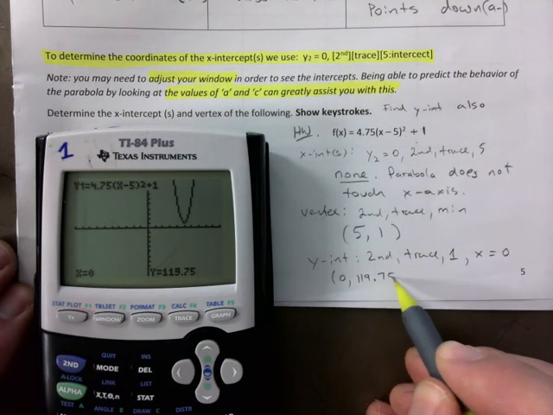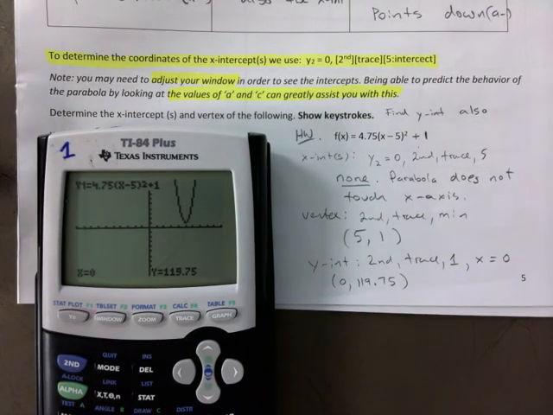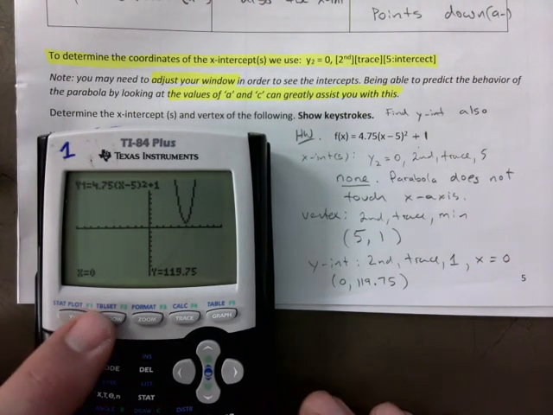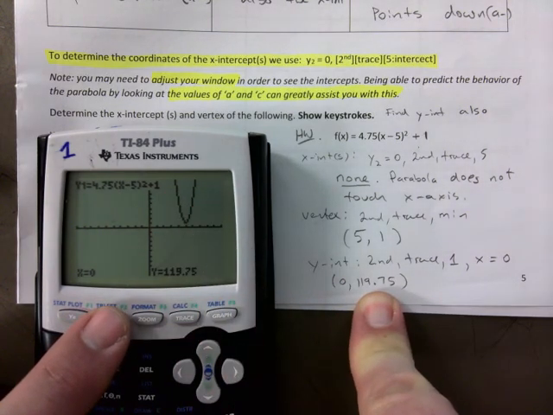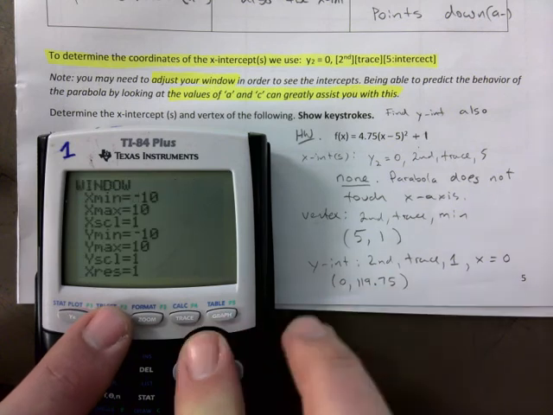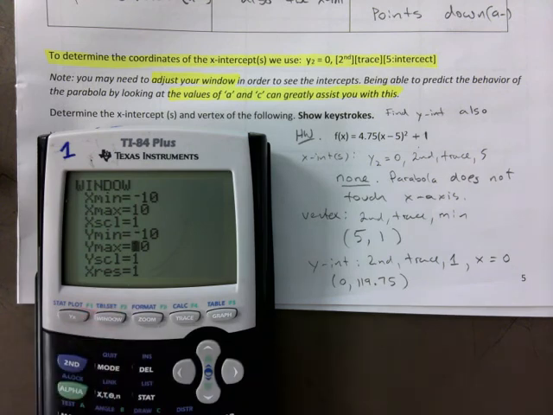but I need you to be able to actually make it show up on the screen, because sometimes there's a problem with that. So obviously, if I know that my y-intercept is 119.75, I definitely need to increase the y max to 100 and, I don't know, 150.